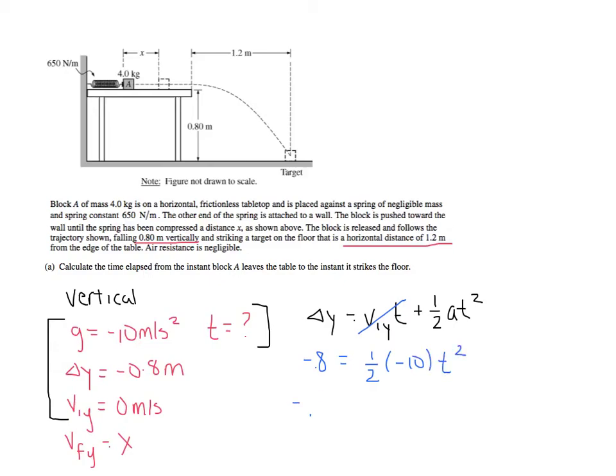So negative 0.8 equals negative 5 t squared. We divide both sides by negative 5, so t squared equals 0.16, and t is the square root of that, which is 0.4 seconds. We're going to be using that information in the second part.